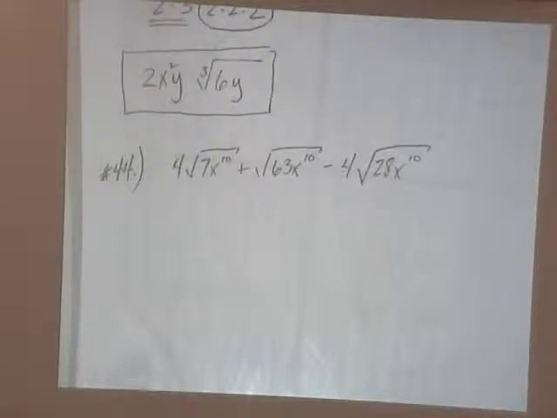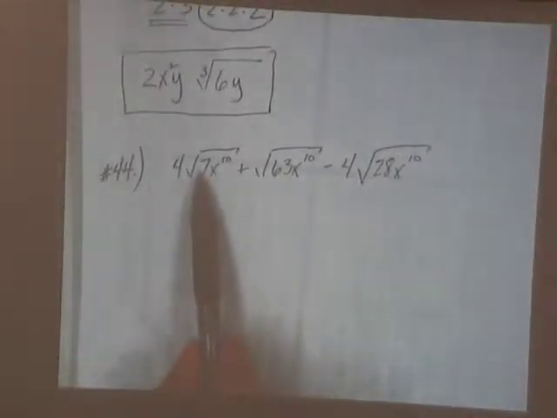You have to have the same radicand, right? The number on the inside. Right now it looks like we can't do this, but let's simplify all these and we'll see what happens. I can't do anything with a 7.